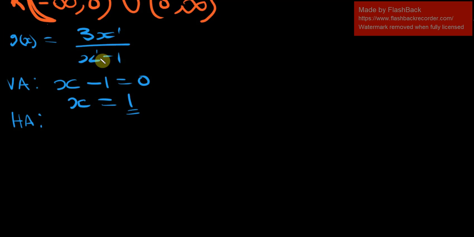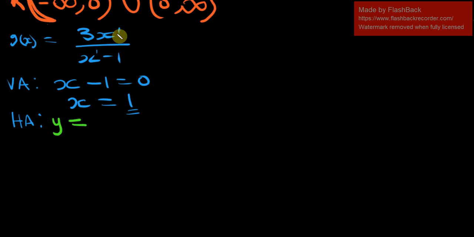So if they are of the same degree, then we divide the coefficient of the variable with the highest degree in the numerator by the coefficient of the variable with the highest degree in the denominator.